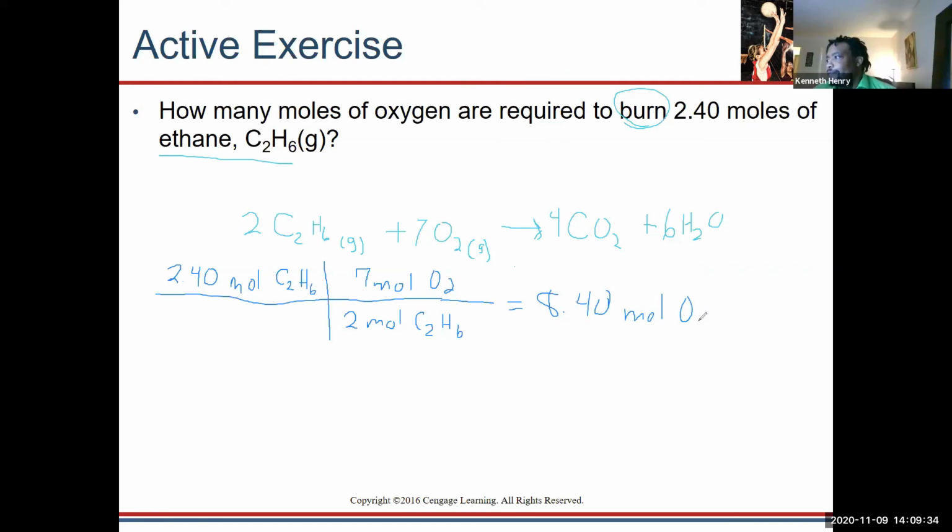Would you just assume that the other one's a 0? Yeah, because your calculator is only going to give you that number exactly, but you know that there's a 0 there, so you have to put that 0.